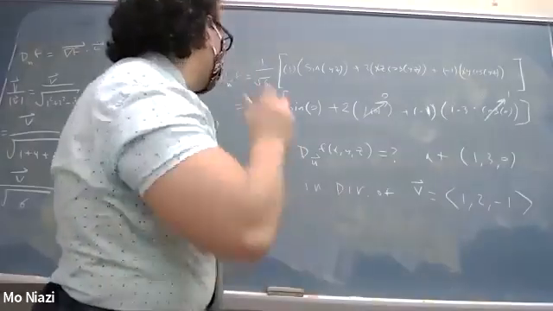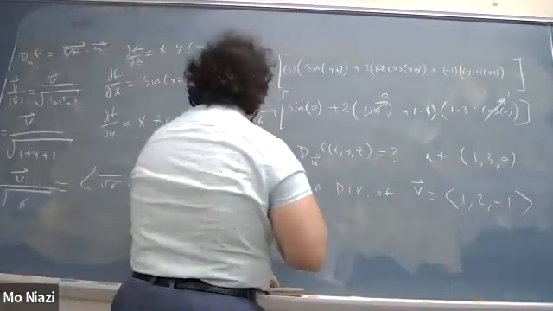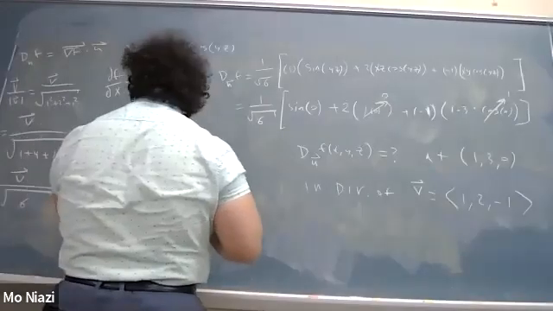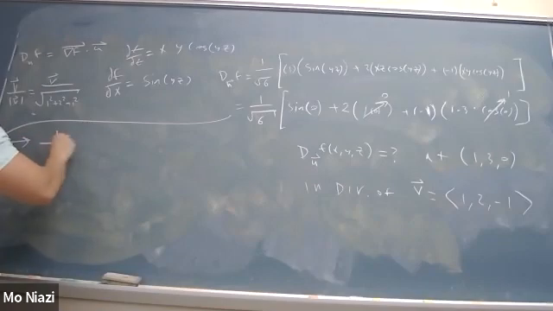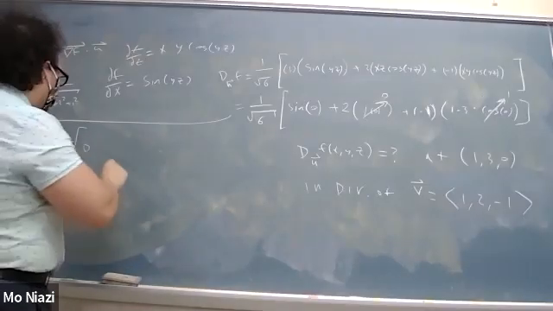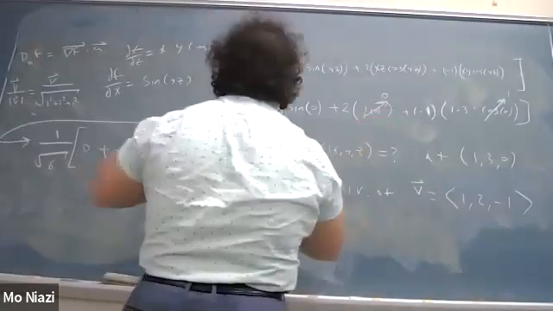So then this reduces to 1 over square root of 6 times sine of 0, which is 0. That is 0. This becomes a 3 times a -1, which is just a -3. So this becomes -3 over square root of 6.